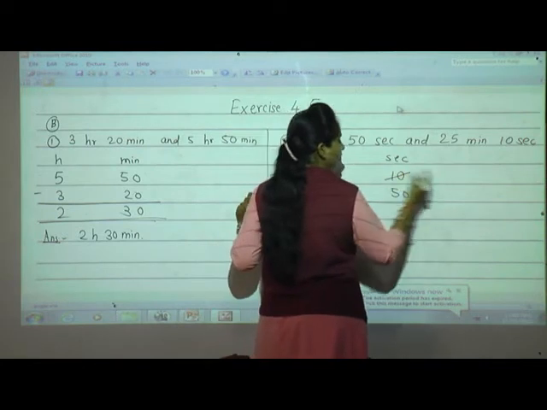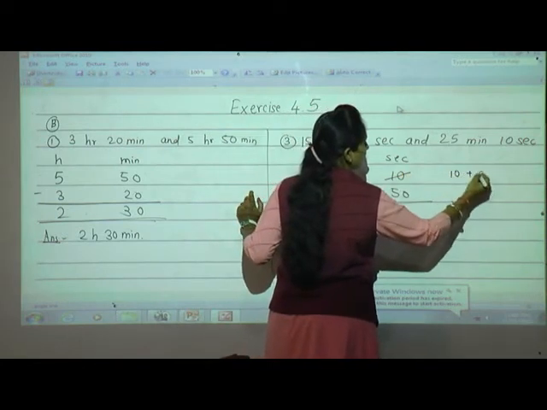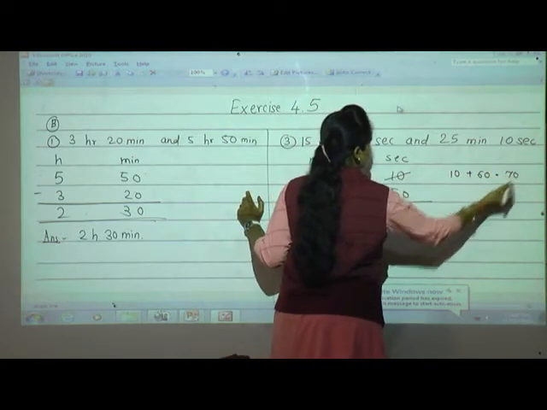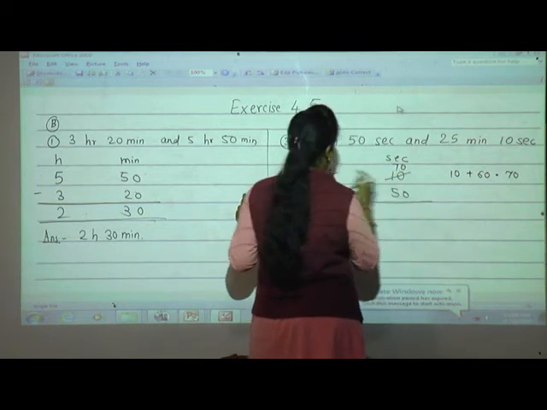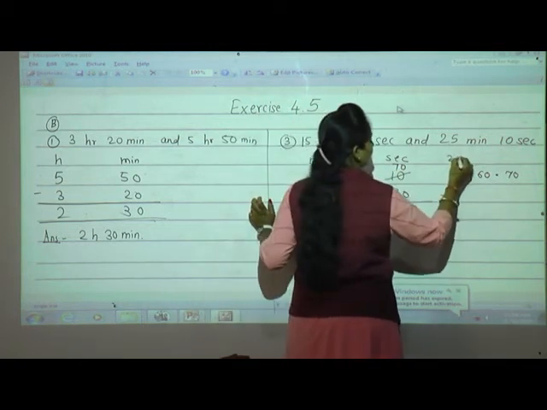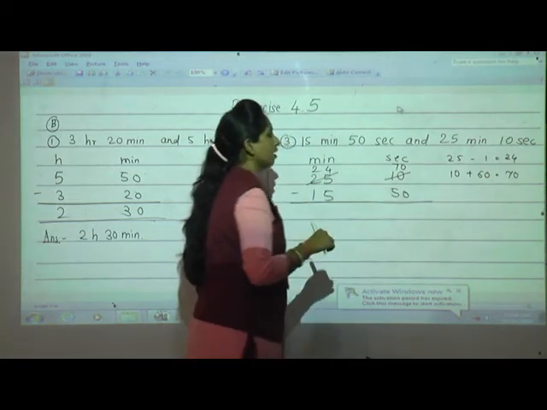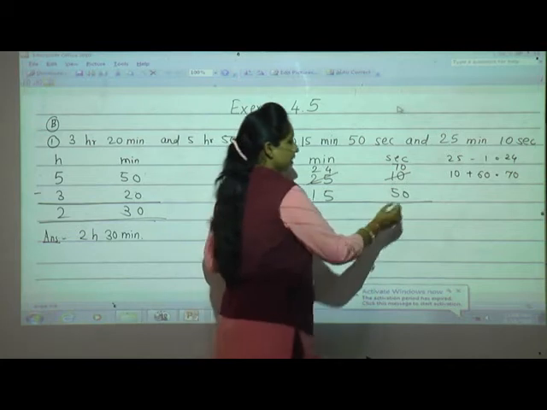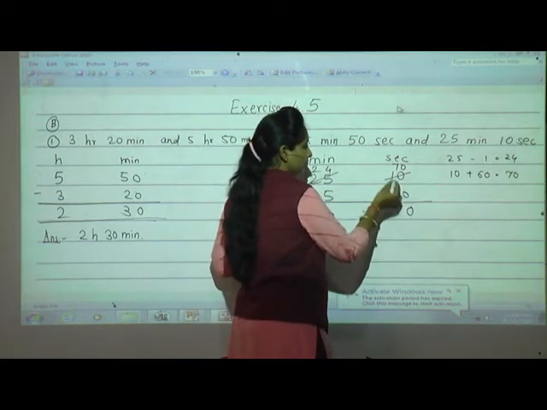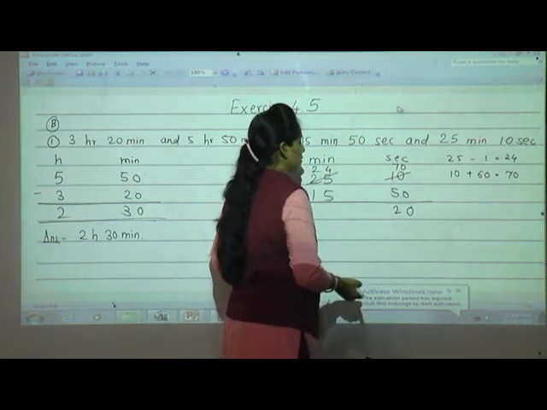So 10 plus 60 becomes 70, isn't it? And 25 minus 1 means 24. Now we have 70 minus 50. Yes, we can do: 0 minus 0, 0, 7 minus 5 is 2.